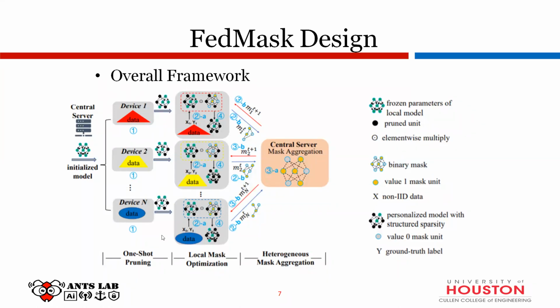The purpose of this is to initialize some of the factors we'll be talking about later. And then after the pruning, we will be doing the local mask optimization. And after optimization, we will do the aggregation of it. So the second step, optimization, and the third step, aggregation, are 2 and 3 in this figure.